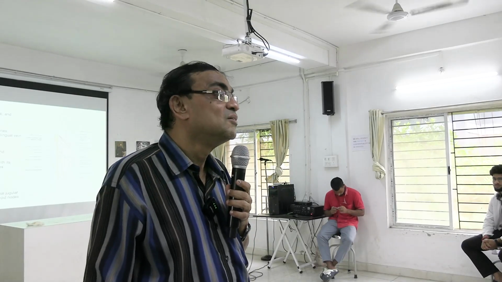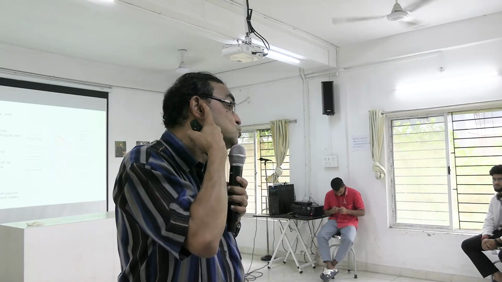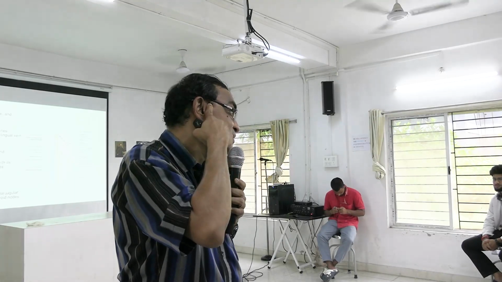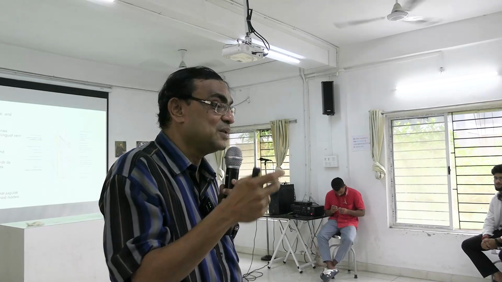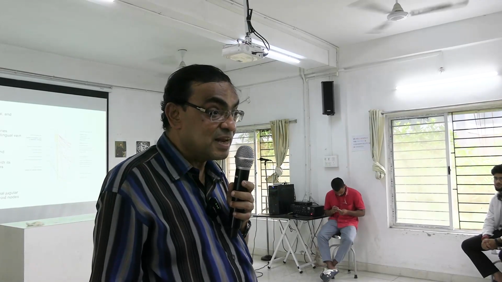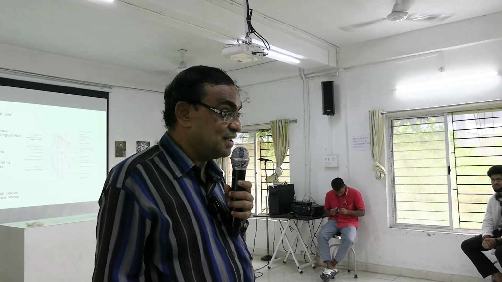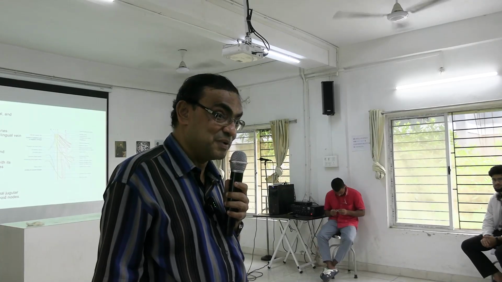One is the superficial temporal artery, which we have seen in the face, and within the parotid gland, we can get another branch, that is the maxillary artery. That maxillary artery is again related to the lateral pterygoid muscle.